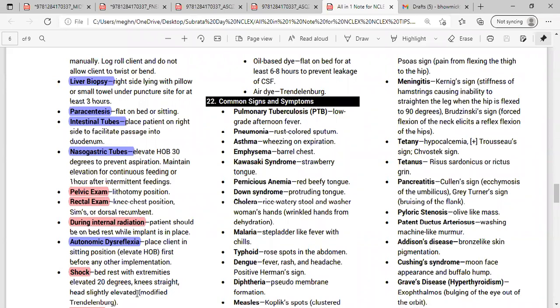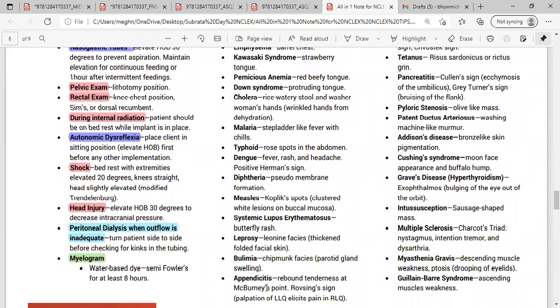And if a patient has hypovolemic shock or cord compression during delivery, we always prefer Trendelenburg posture or positioning. Peritoneal dialysis, when outflow is inadequate, it is good to turn the patient side to side before checking for kinking in the tubing.